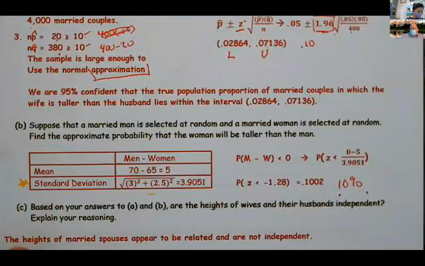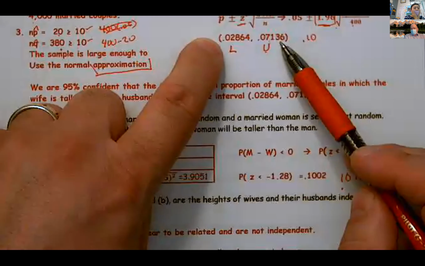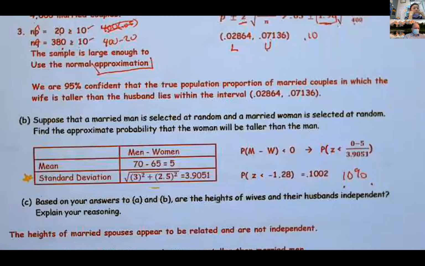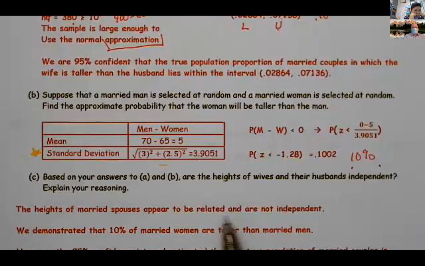So because it doesn't lie in the interval, it doesn't appear to be independent. Because this is what we expect to happen if we randomly select married people, but here's what we find out happened when we have the couples. So the heights of married spouses appear to be related and are not independent.